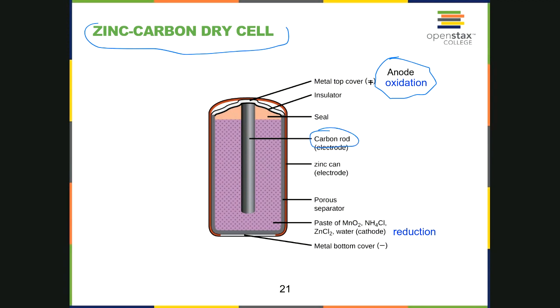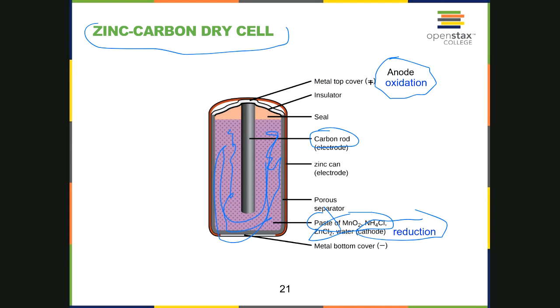Then you have a cathode where you're going to have a reduction, and that is this combination of different solids: manganese oxide, ammonium chloride, zinc chloride, in the form of a paste that surrounds the carbon electrode.